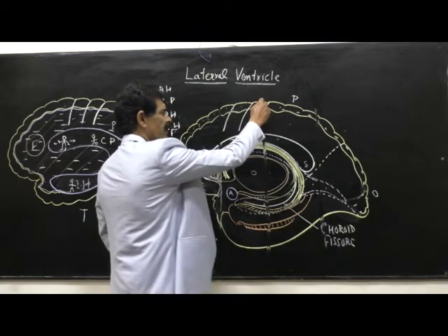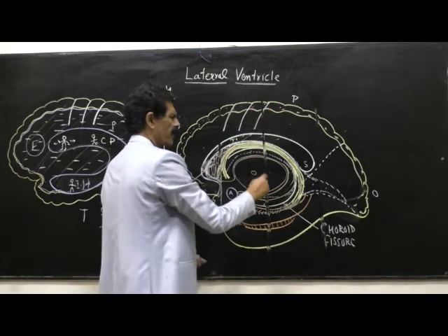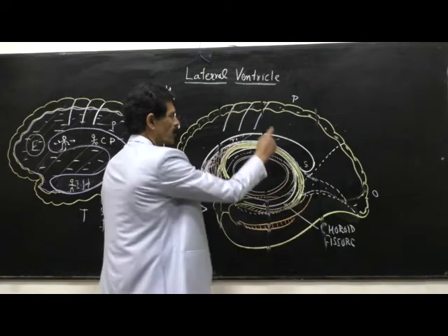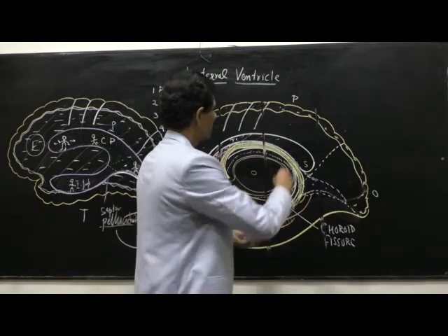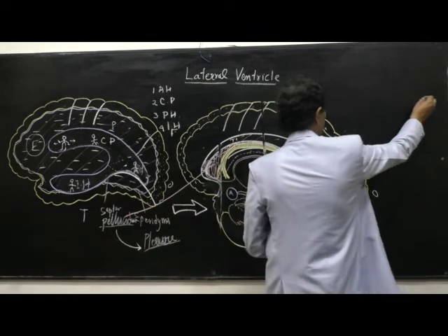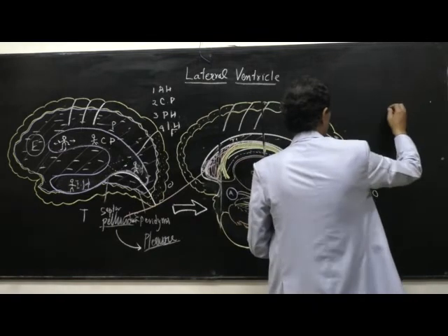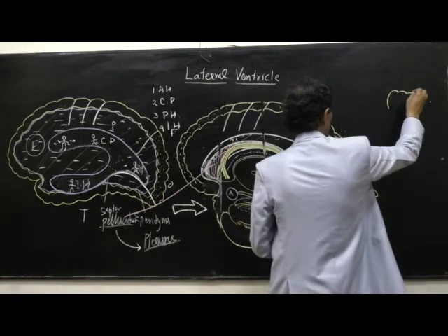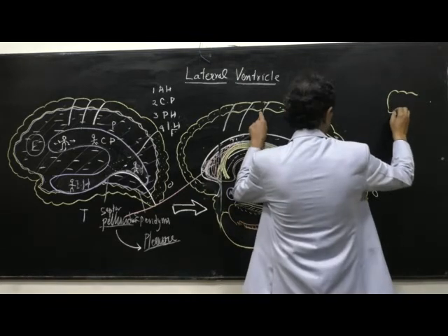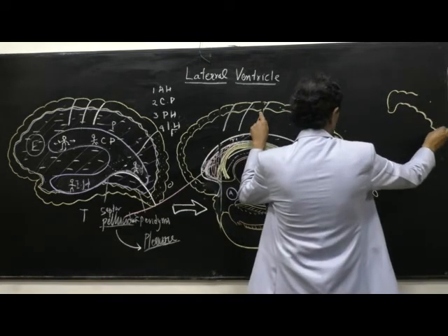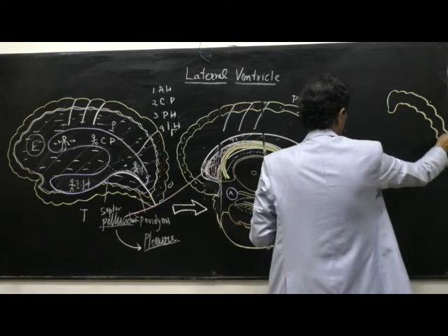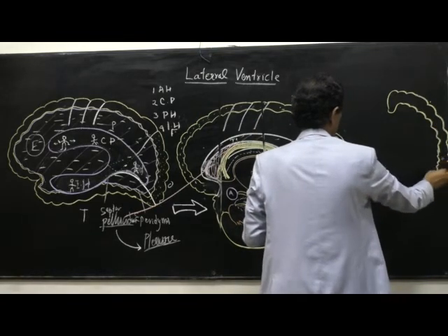So this is the cut, start from here and the cut ends here. So when we cut here, first what we have cut, this is the cut, the lateral part of the cerebrum.